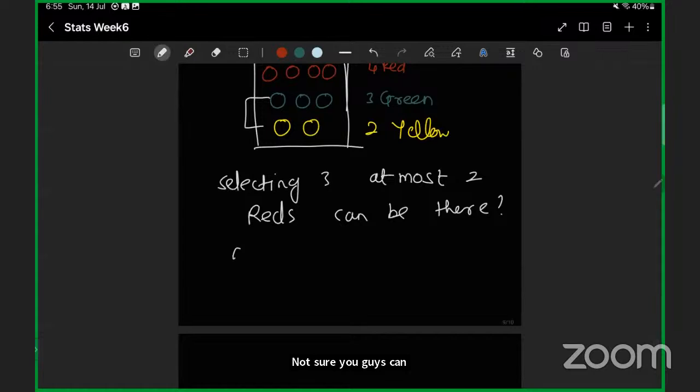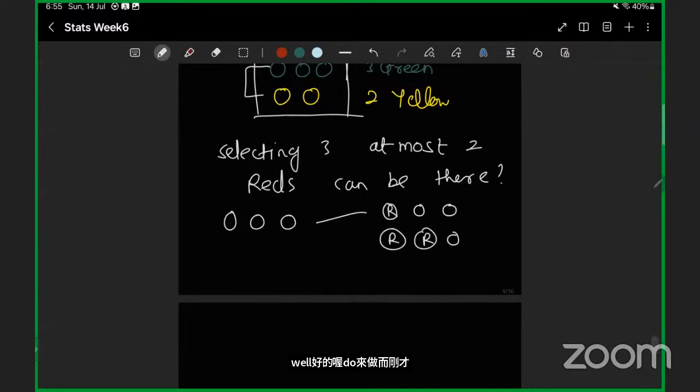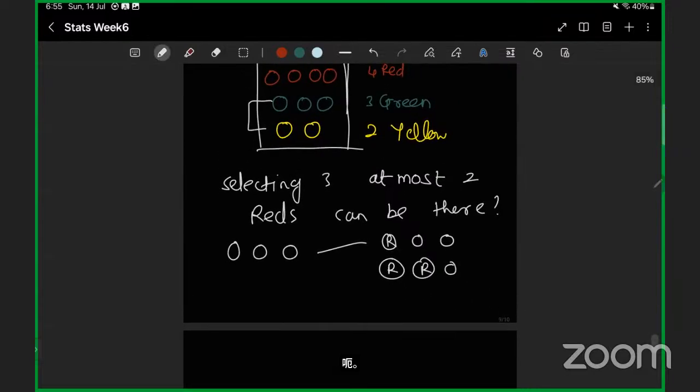Let's say if I select three balls, one, two, and three. Now the possibilities are either I have one red ball or two red balls. I can't have three. You can have no red also, correct? At most, yes, at most two.